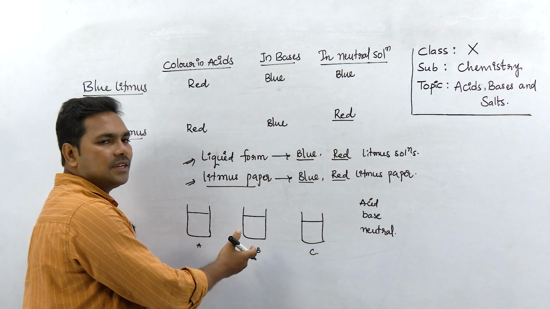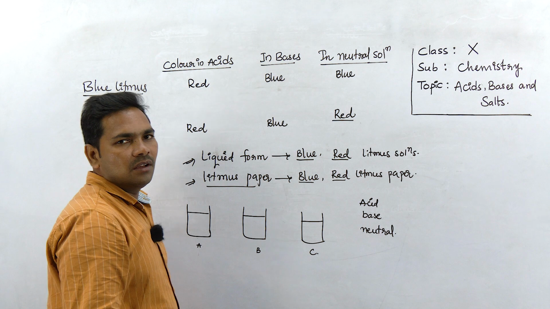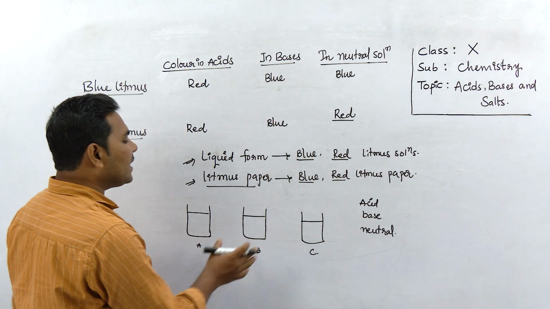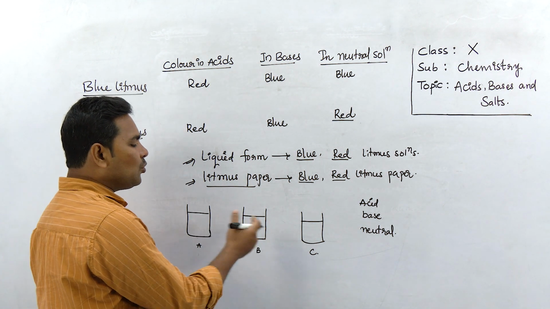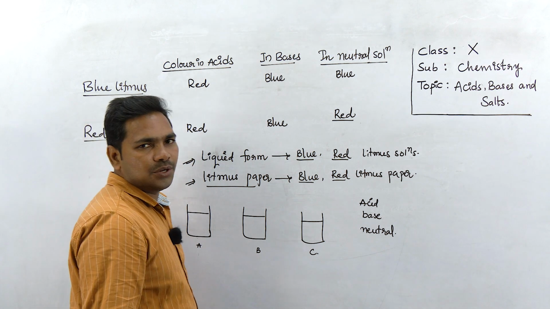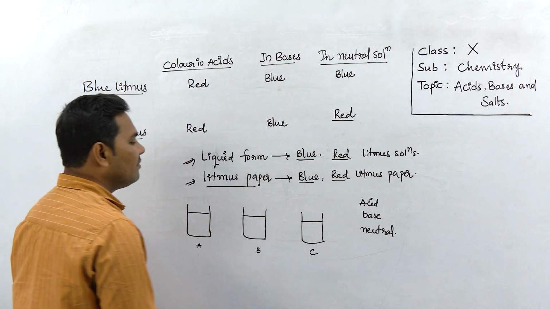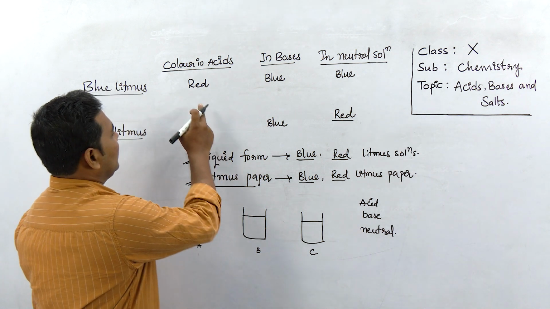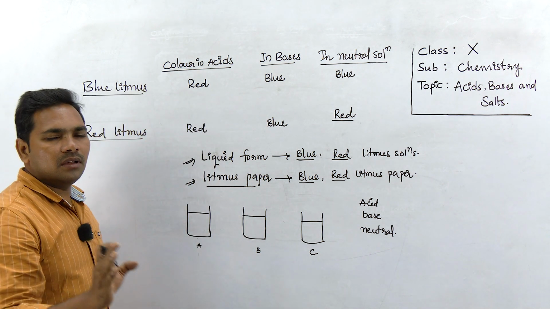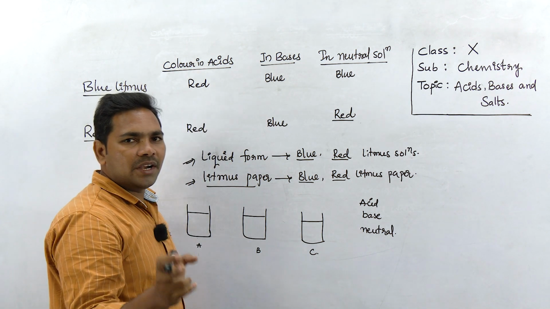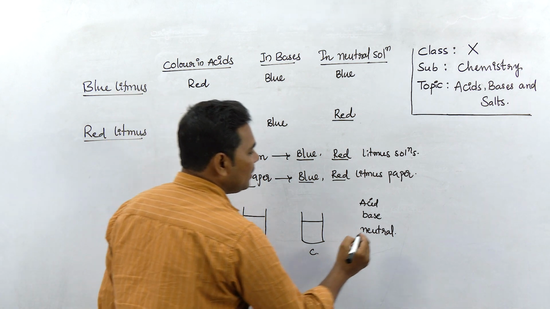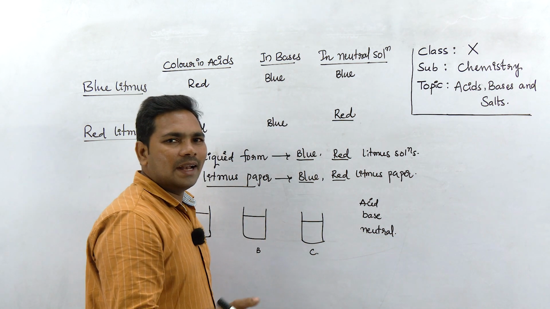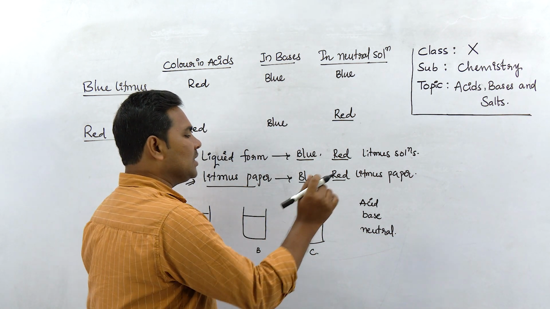But which one is acid, which one is base, which one is neutral, we do not know. We have to identify these three solutions as acid, base or neutral. For identifying this, we are given litmus indicator. But out of the two available litmus papers, we are provided only one. It can be blue litmus paper or red litmus paper, any one colored bunch of papers.